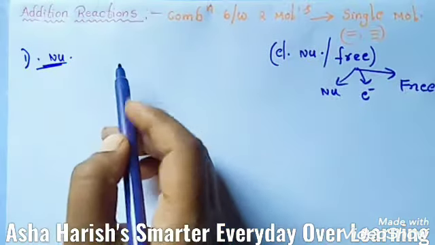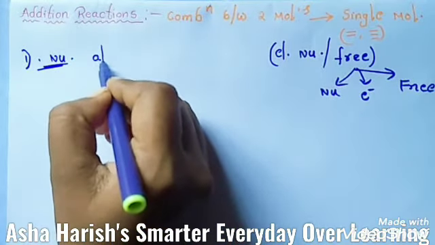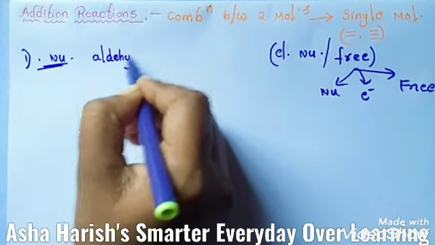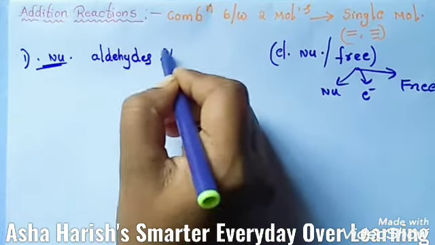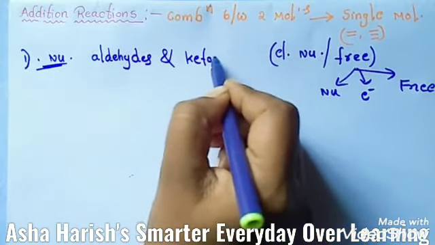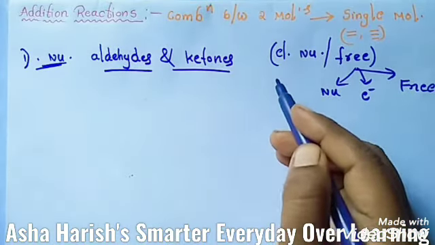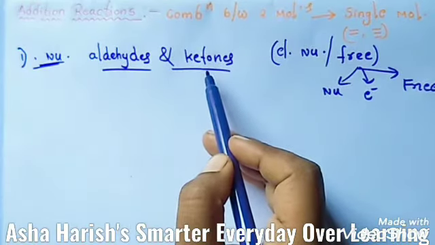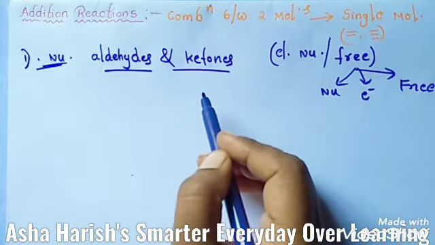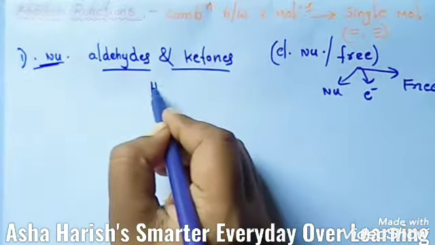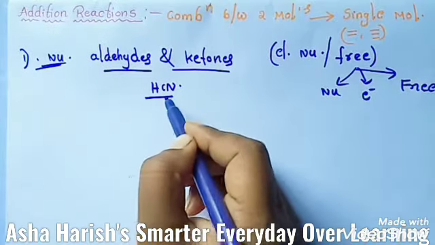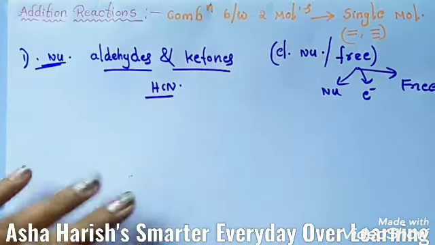These reactions are typical of aldehydes as well as ketones. For example, base catalyzed addition of HCN to aldehydes or ketones.